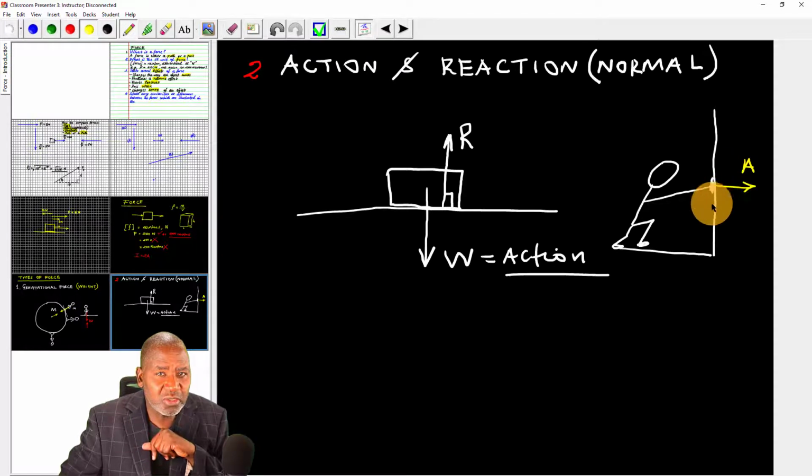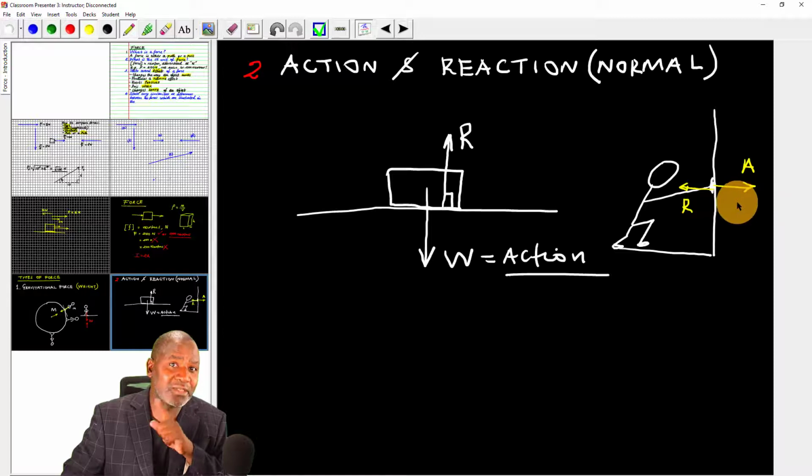The wall does not move, so it exerts an equal force on you backwards, which we call reaction. An action and a reaction. So that force which is exerted on another one is usually referred to as the action, the first force to come into play. For example, you have deliberately decided to exert a force on the wall, and then the wall reacts to that. Action and a reaction.